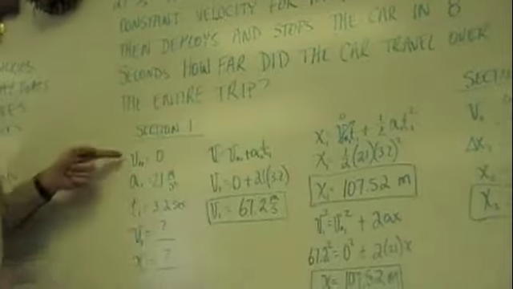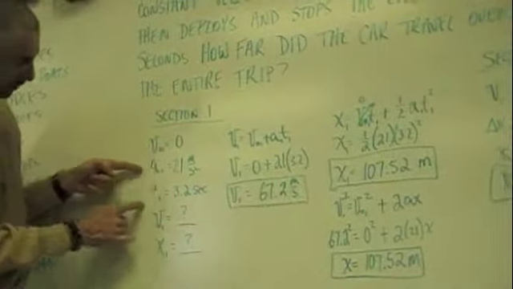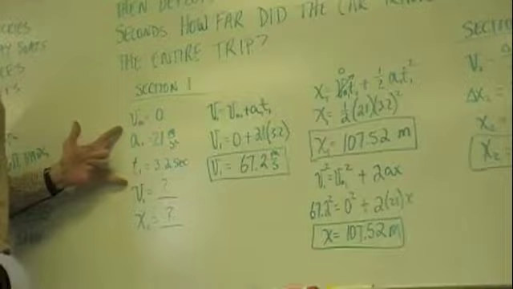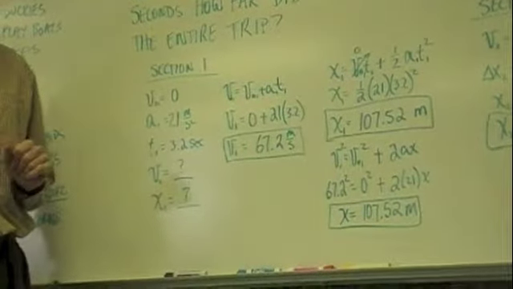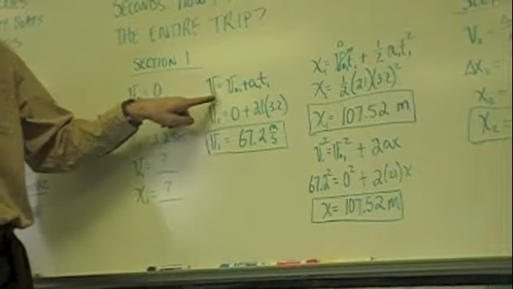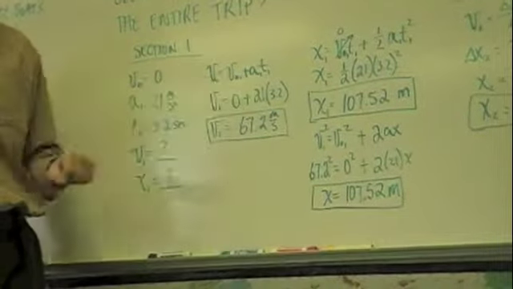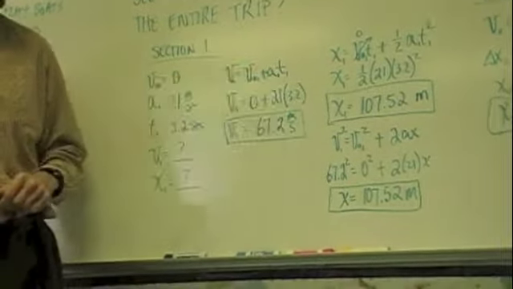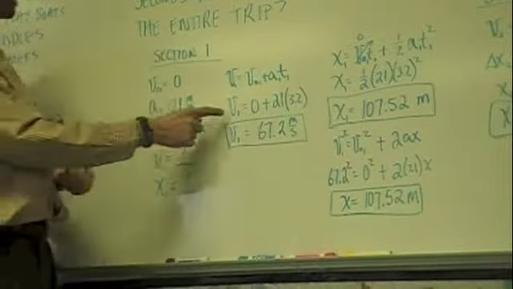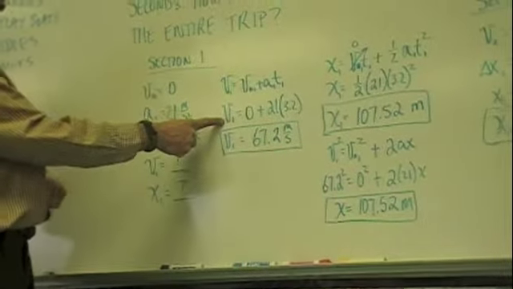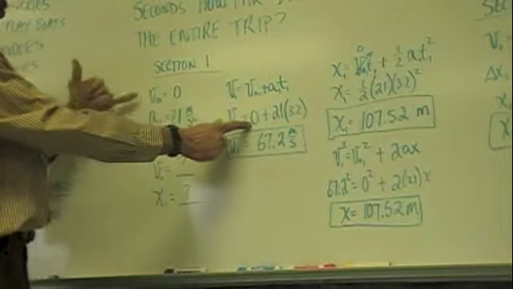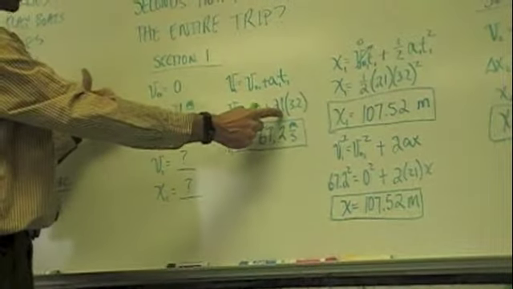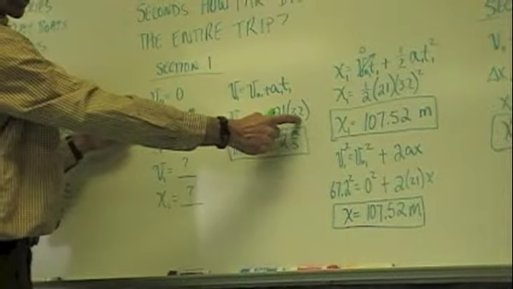If we have these 4 variables, the kinematic equation that we're going to choose is the one that contains all of those, which happens to be v equals v naught plus at. And then I've annotated it with section 1 throughout. So my final velocity at the end of section 1 is going to be equal to my initial velocity, 0, plus my acceleration times the time I'm going to be accelerating.